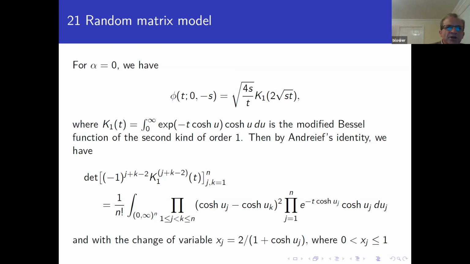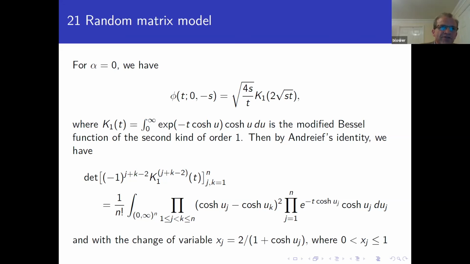The formula is a little bit complicated, so I just want to focus attention on particular bits of it. We started off with an exponential of minus t cosh, and you get an exponential of minus t cosh, except it's spread over different variables. The other factor is a product for j less than k of cosh uj minus cosh uk, and this factor is squared.